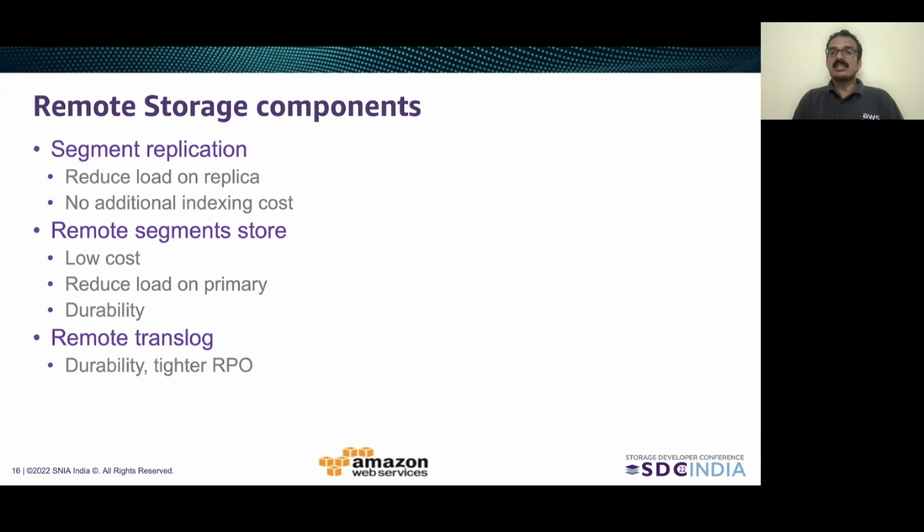Remote translog, as I said, is a byproduct of the remote storage work, and it gives better durability for the transaction log and a much tighter RPO, or recovery point objective. What it means is, instead of relying on a snapshot, you can get the latest translog from the remote store. Given the synchronous write, as I explained earlier, the last document that was acknowledged to the client is guaranteed to be present in the remote storage.